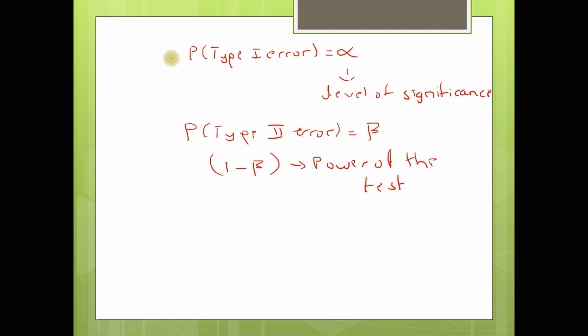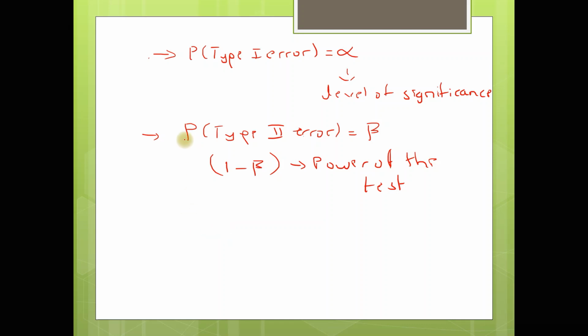Very often what we would like is to have a small value of alpha. But at the same time, we also want a small value of beta. That's the idea in the end. We don't want to have a high probability of making a type 1 or a type 2 error. But unfortunately, things are not so straightforward.